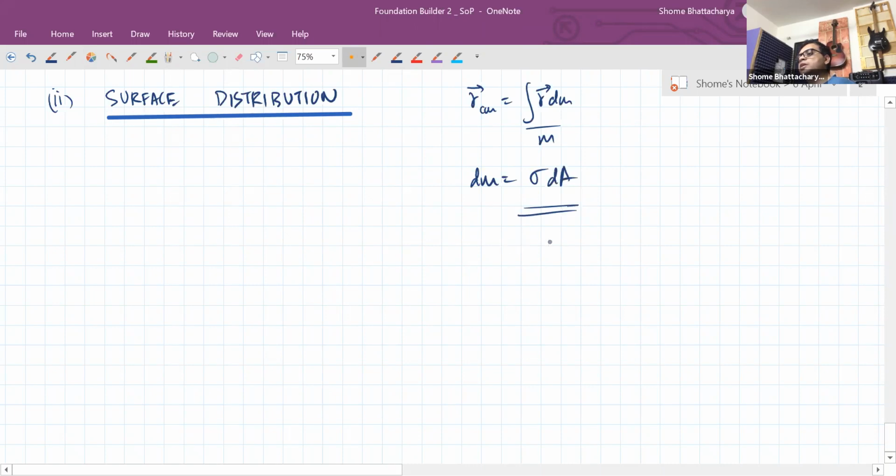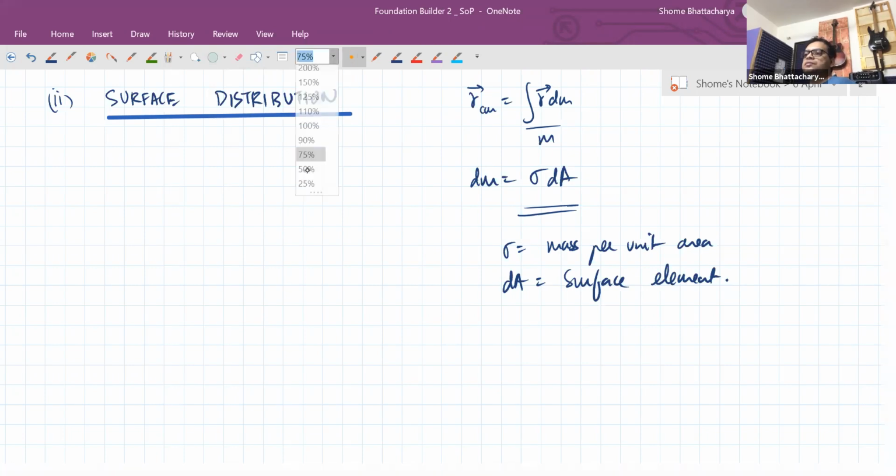This is the important thing, where sigma is mass per unit area, and dA is a surface element.